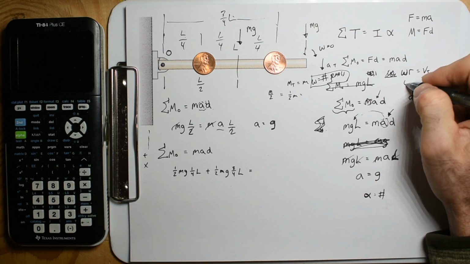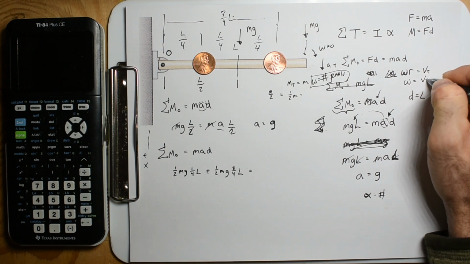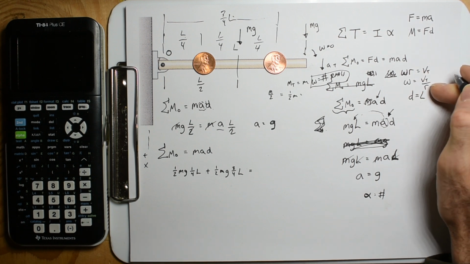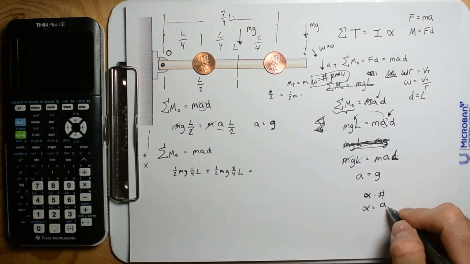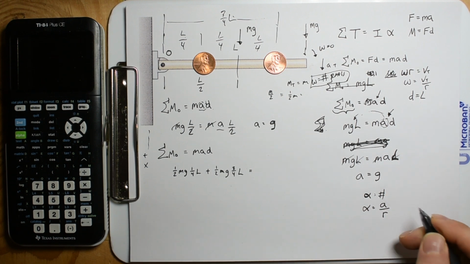So if angular speed is tangential velocity divided by the radius, then angular acceleration is just normal acceleration divided by the radius.